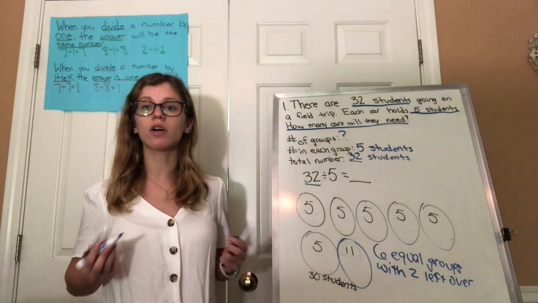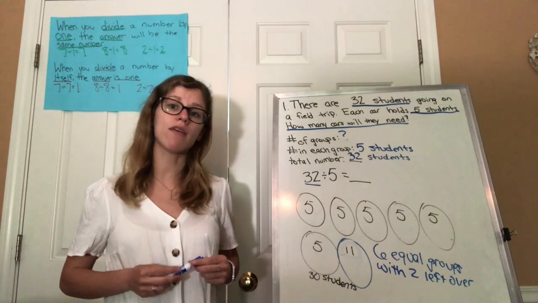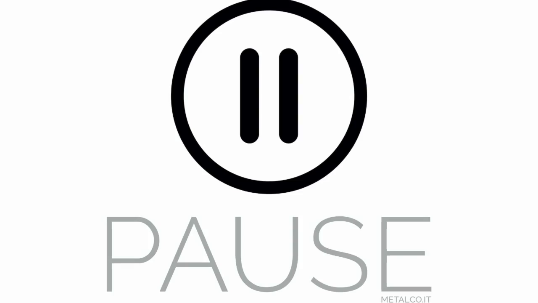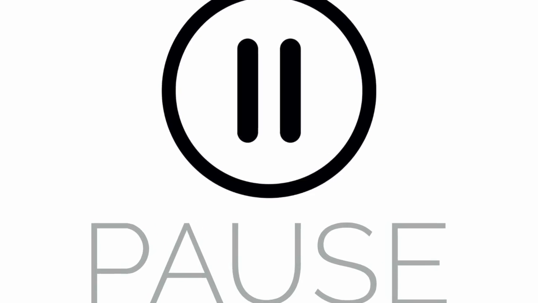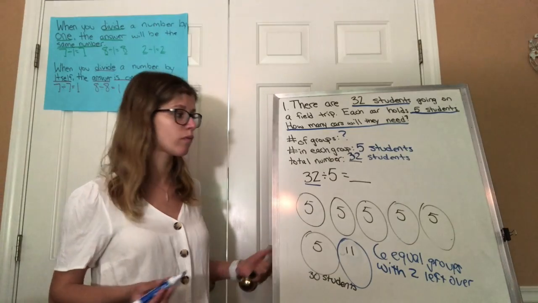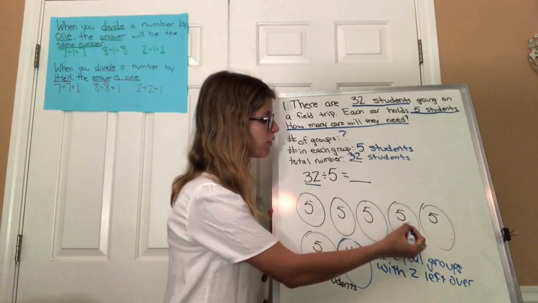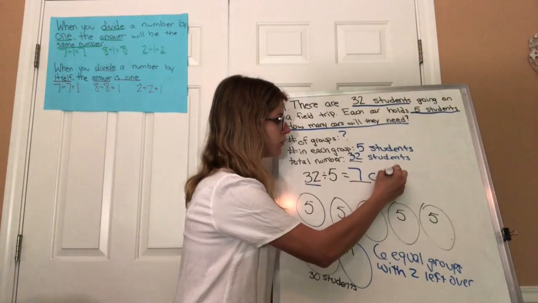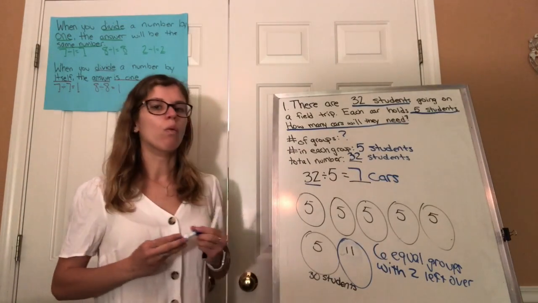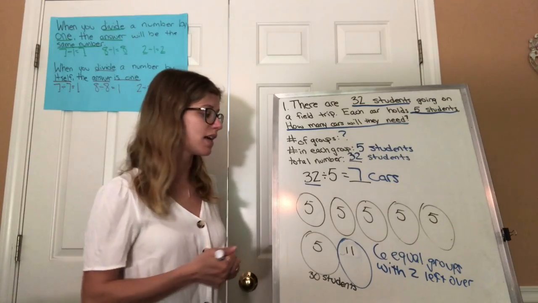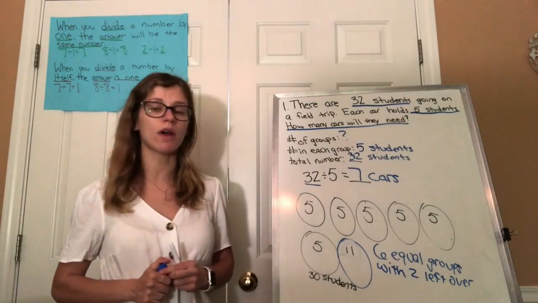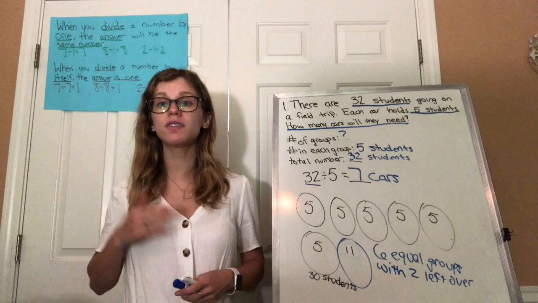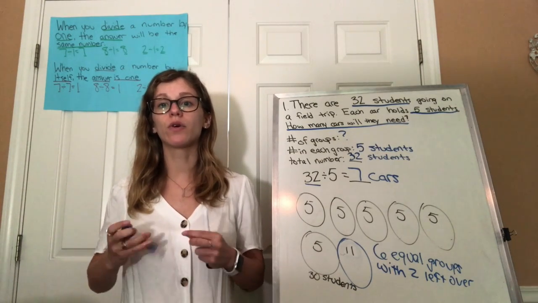So how many cars do I need in order to make sure everybody's able to go on the field trip? I would need 1, 2, 3, 4, 5, 6, 7 cars. Why do you think that I can't just say as an answer 6 equal groups with 2 left over for this problem, but I could say that yesterday for the cookie problem?